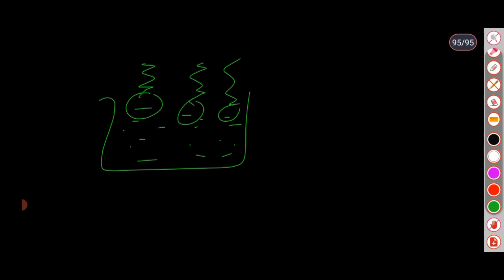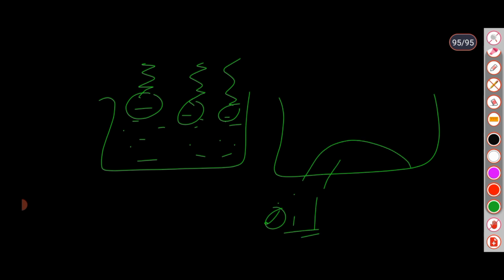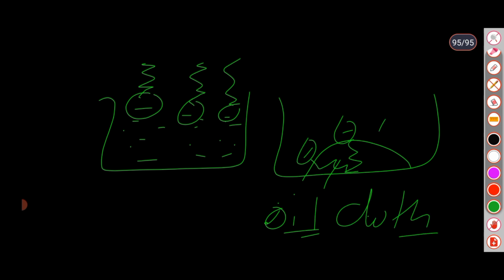Suppose you have this dust, an oily substance on the cloth, so the polar part is outside and the chain inside, water is there. So this will be the arrangement of the soap in water, on cloth, and micelle formation, formula of soap.